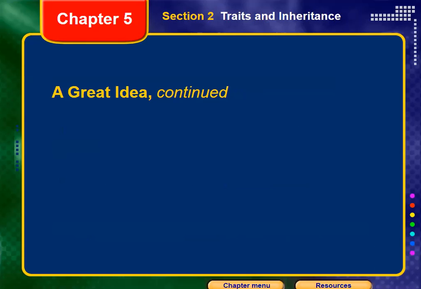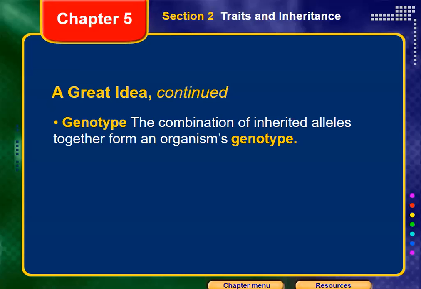Number two, each gene has two alleles. One is dominant and the other one is recessive. Then, regarding that, we have a phenotype, which is a certain appearance, and also something called genotype. Genotype means the combination of inherited alleles. What are the alleles that are in your body?